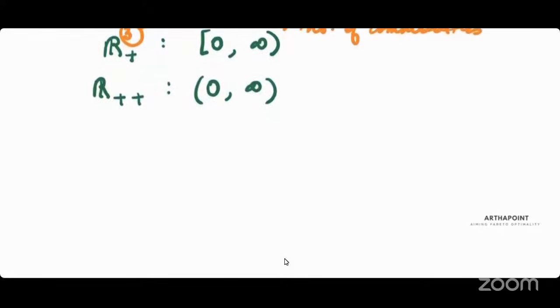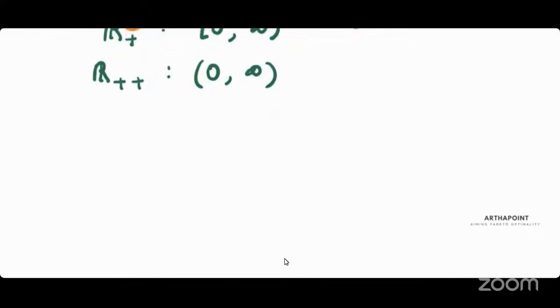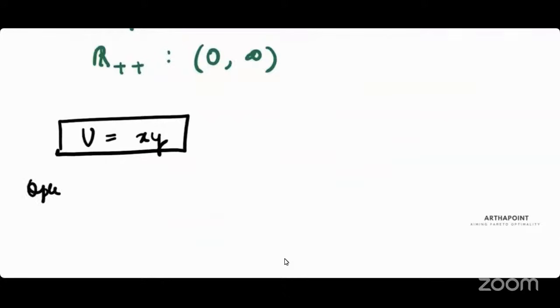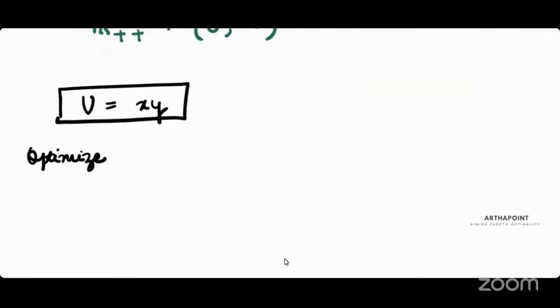Okay. Now, once we have this utility function with us, I want to go ahead and optimize my utility. This optimization is always a constrained optimization.